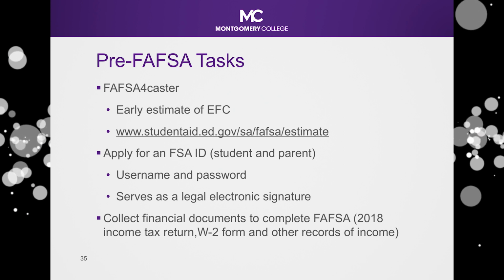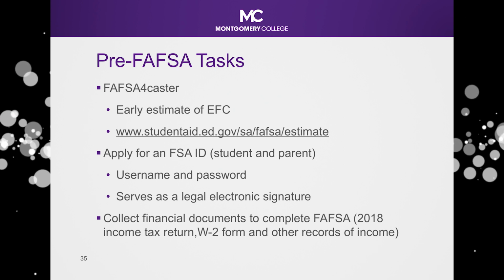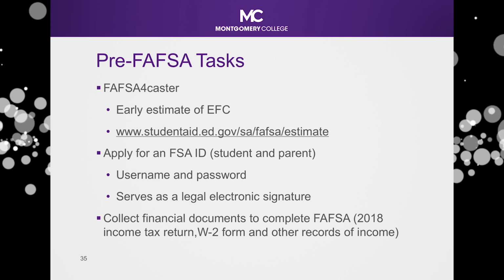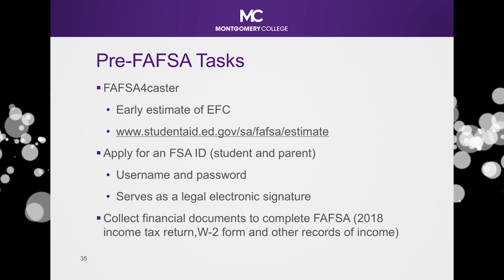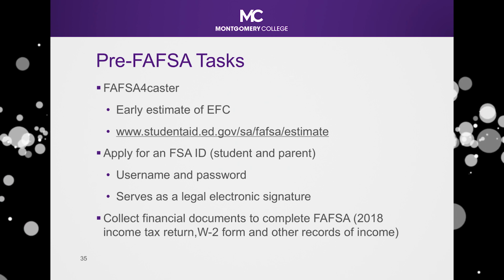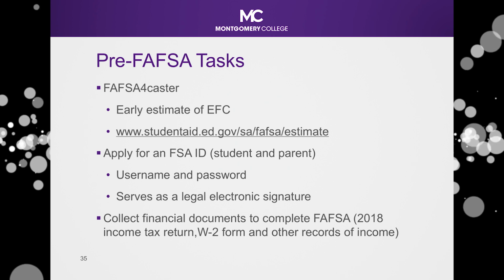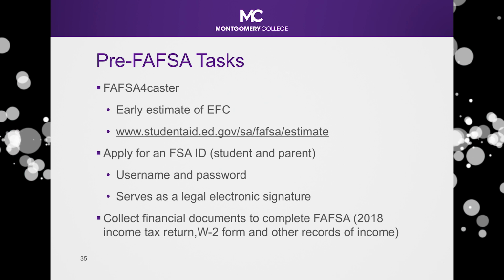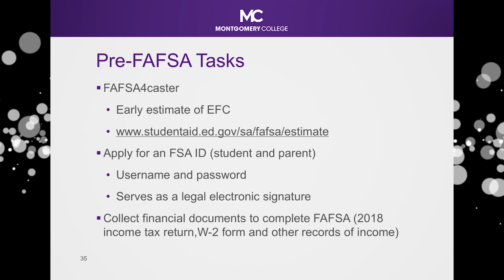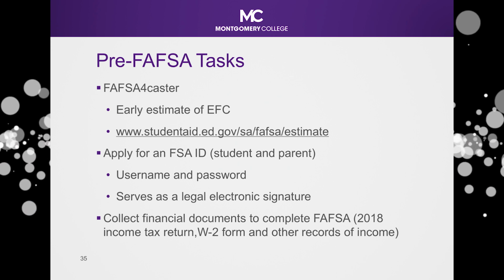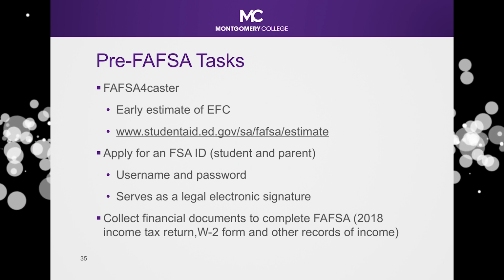It says apply for an FSA ID, student and parent. This is a good time to do this early. The FSA ID is your electronic signature that you will need to sign your FAFSA. At least one parent needs to have it, and the student needs to have it. Parents, if you have multiple children who will be going to college, each child will need their own FSA ID, but the parent only needs the one.